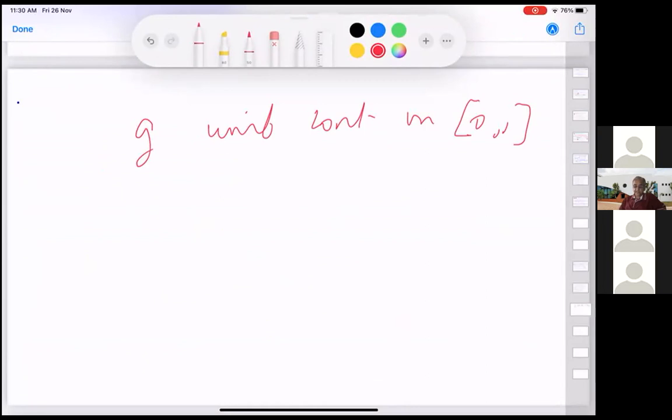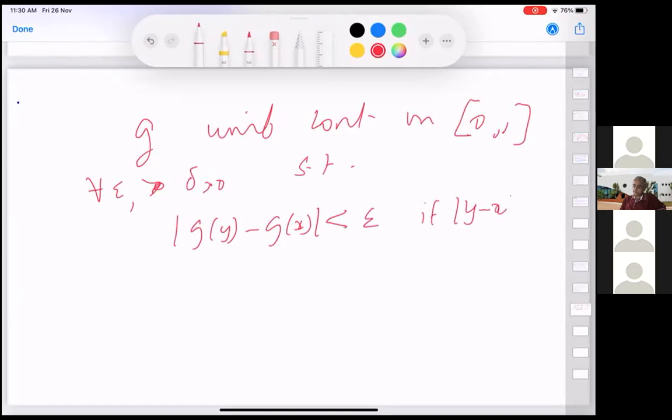So the definition means for all epsilon there exists a delta. This implies, by definition, the least upper bound is less than or equal to epsilon.